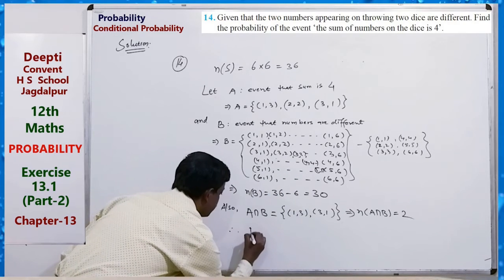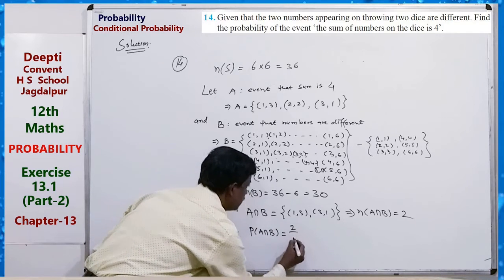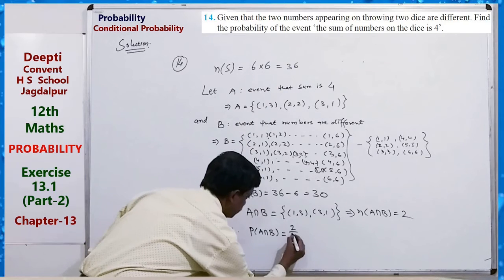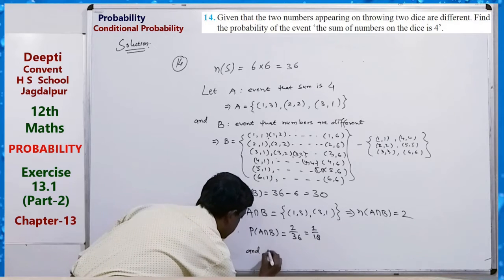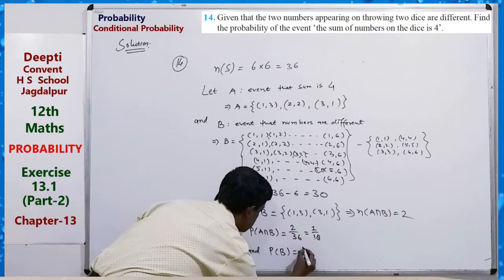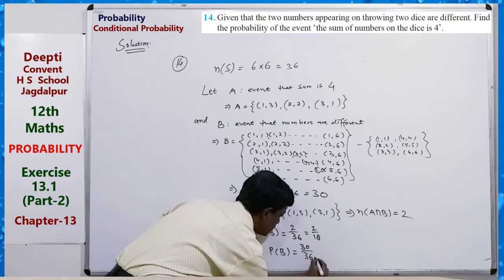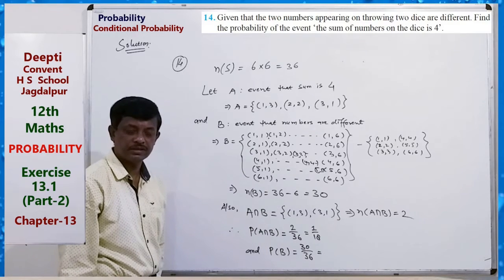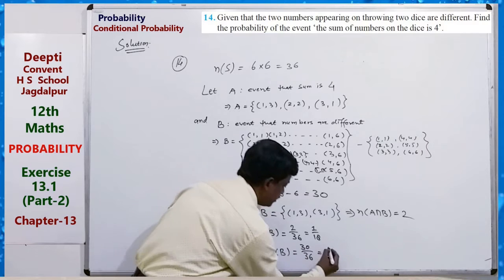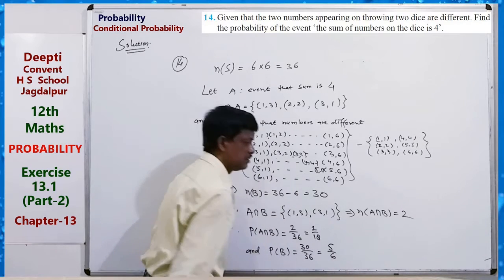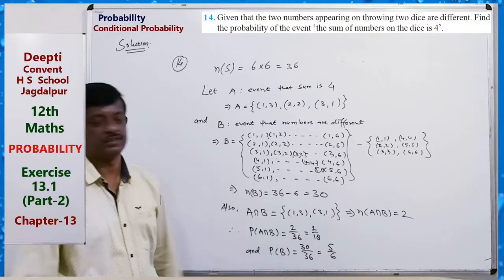Therefore the probability of A intersection B equals 2 by 36, which is 1 by 18. And the probability of B equals 30 by 36, which is 5 by 6. Clear?